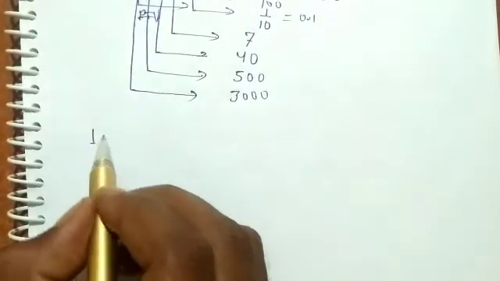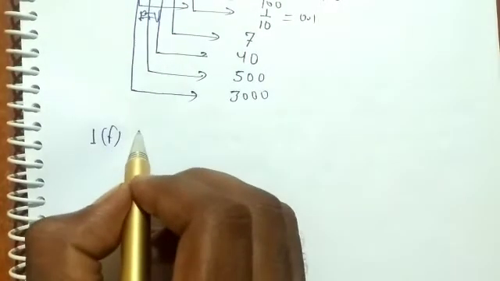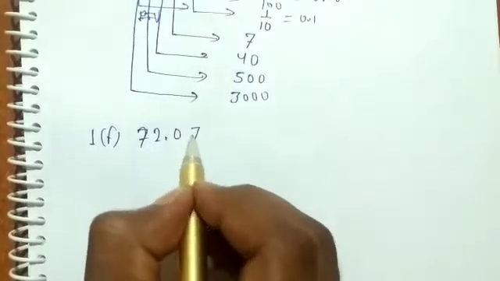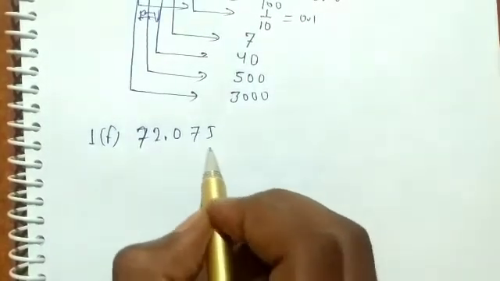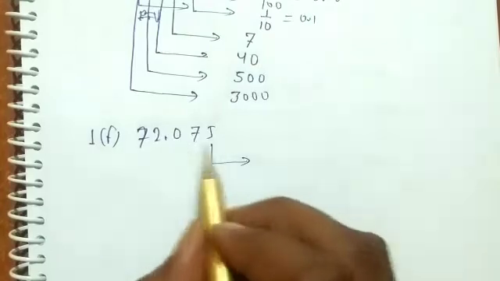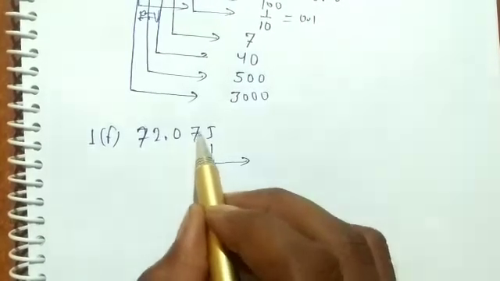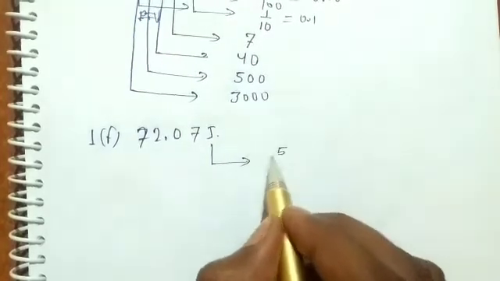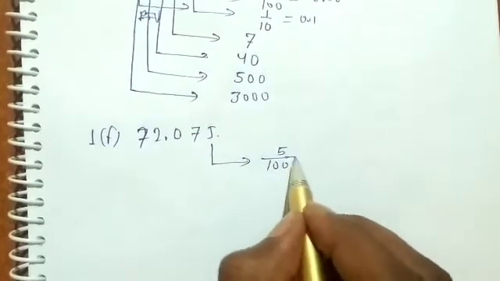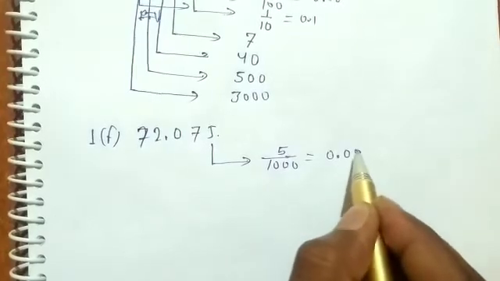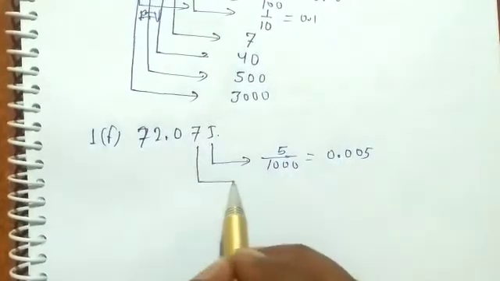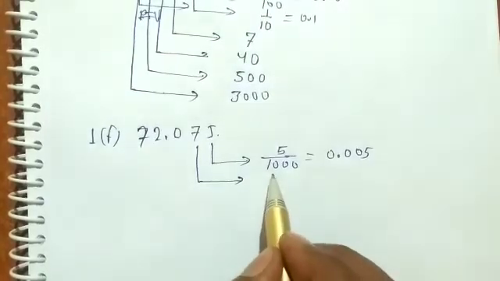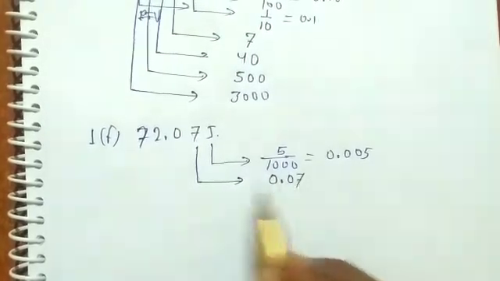Question number 1, part F. 72.075. Place value of each digit. Place value of 5: 5 is at the thousandth place, it means 5 upon 1000, or you can also write 0.005. 7 is at the hundredth place, so 0.07.